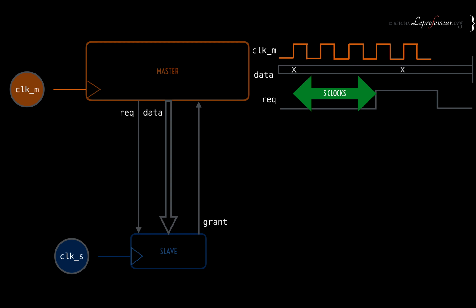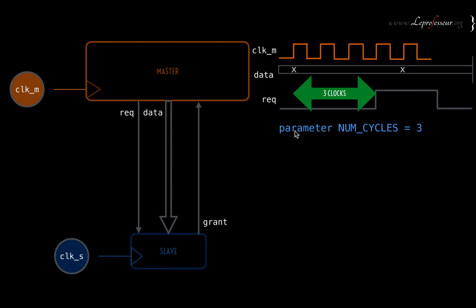So let's take the very first diagram. From the master side, the request must get asserted only after the data is stable for 3 clocks. One can write modules, and one can specify parameters which can have different values at the binding time.